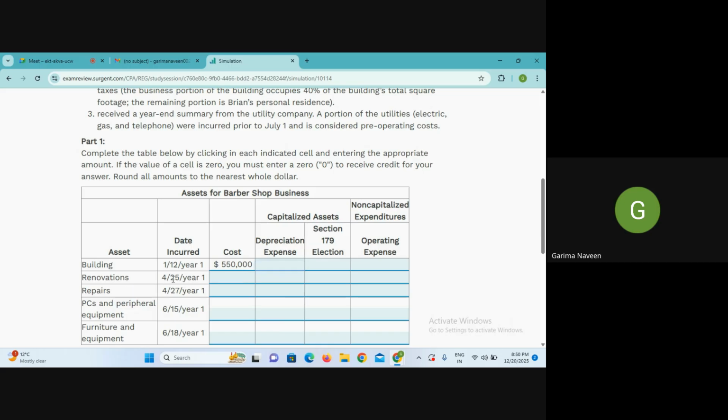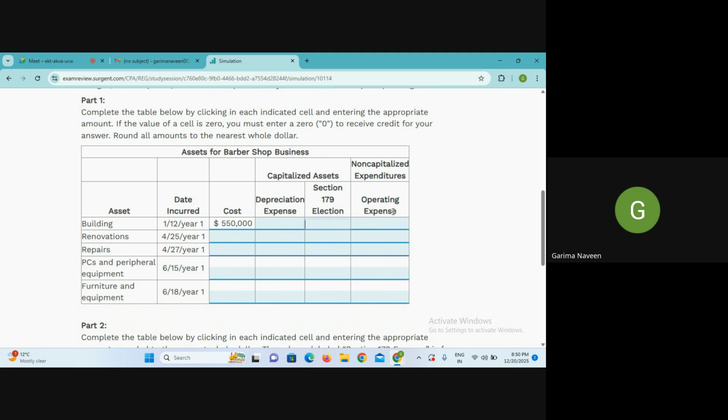Then you have to tell about depreciation expenses, Section 179, and any non-capitalized expenditure or operating expenses. And for 179, we need it for year one only, right?